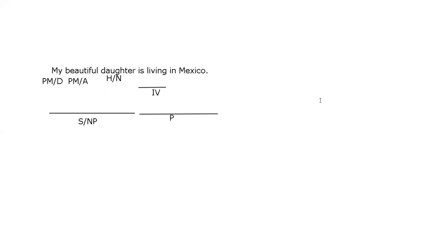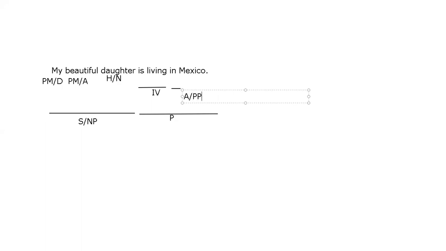My beautiful daughter. Then within the predicate, we know this is an intransitive verb, which means I will have no objects or complement. So what about this unit? What about in Mexico? Of course, in Mexico is very clearly an adverbial.